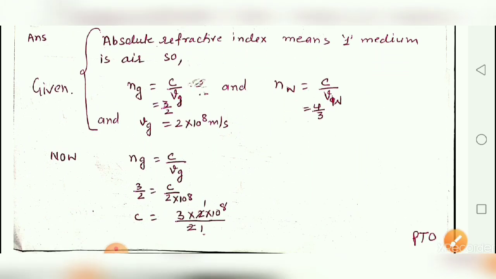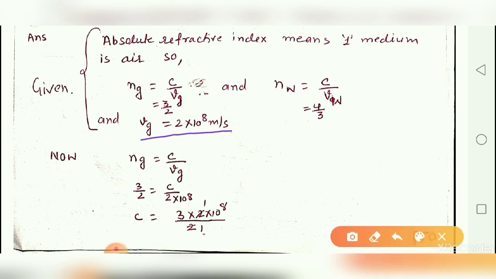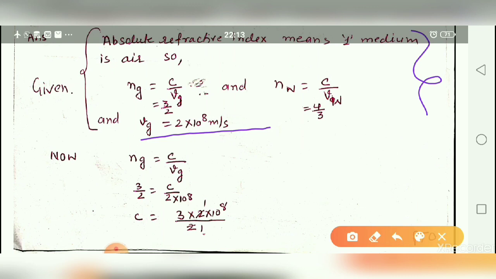And the speed in glass is given as 2 into 10 raised to the power 8 meter per second. These values are given.